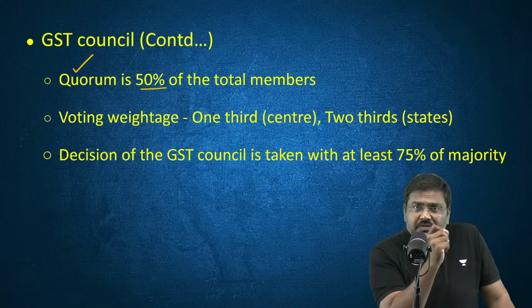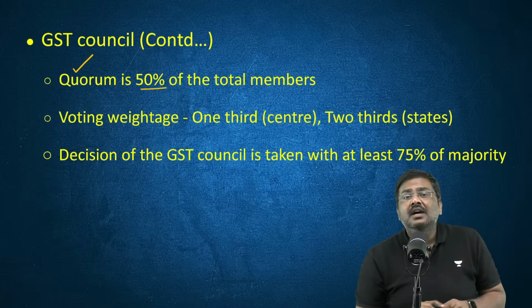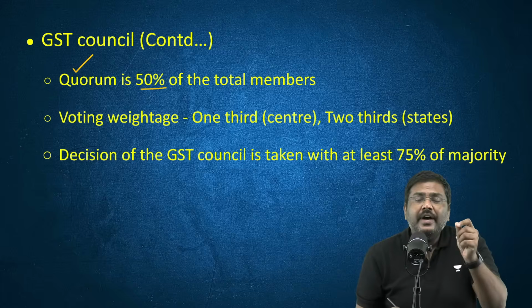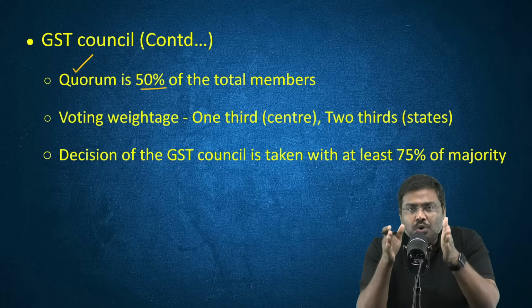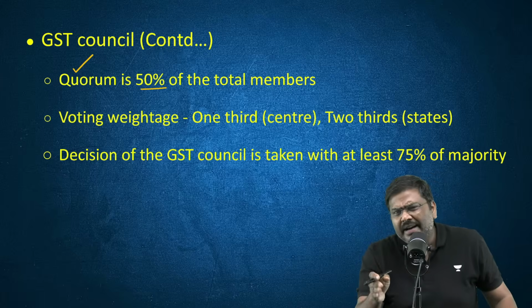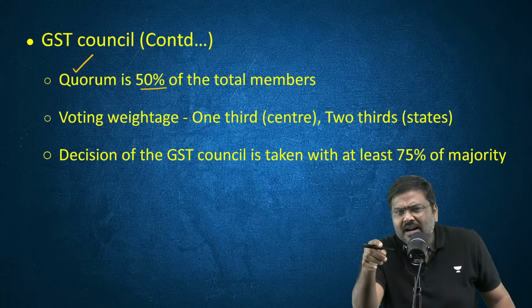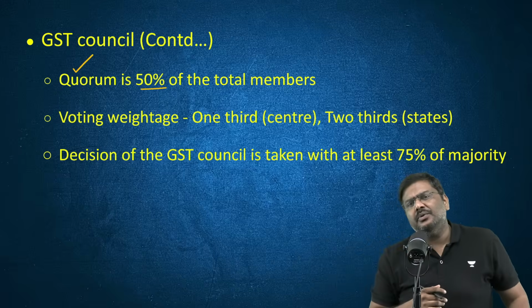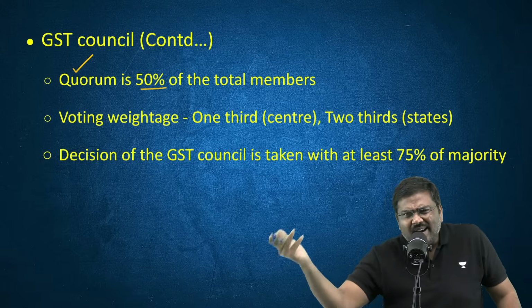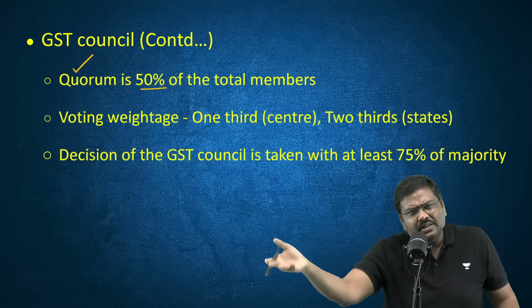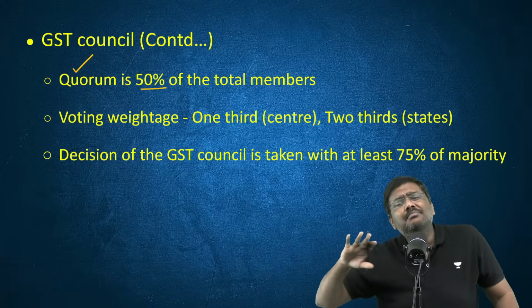That is the decision of the GST Council. In this case, it shall be done through voting, where one third of the voting rights are given to the center and two thirds are equally divided. I repeat, equally divided amongst other representatives. Whether the state is big, small, largest, smallest, northeastern, southern, doesn't matter.